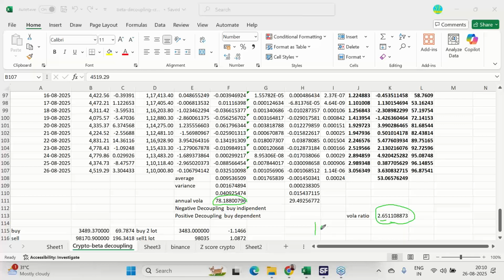Means if we are selling $100 of Ethereum, then we must buy Bitcoin worth $265 USD. Then only volatility will balance, and your beta decoupling can also be taken care of, if you want the volatility to play a role.